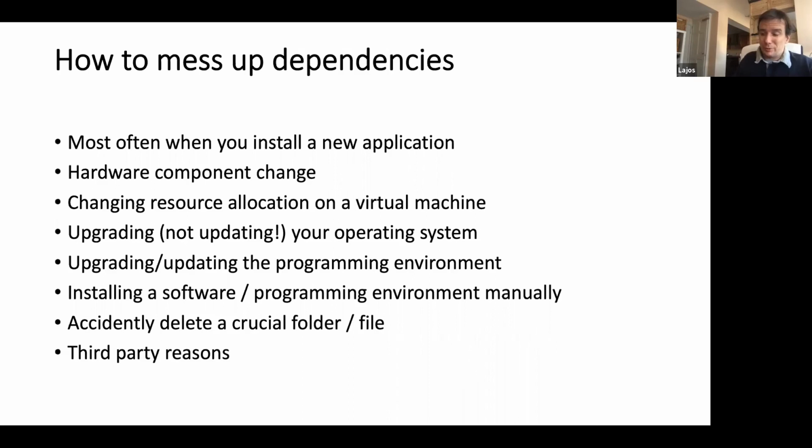Of course, you can have some kind of notebook, some kind of notes about this, but the most common thing is that if you go back to your second installed application after installing 18 more, it won't work. And then you have to go back and track back what has happened.